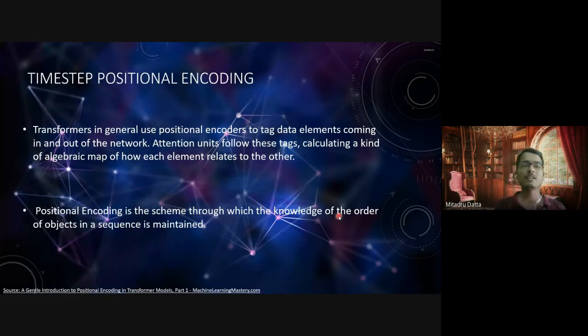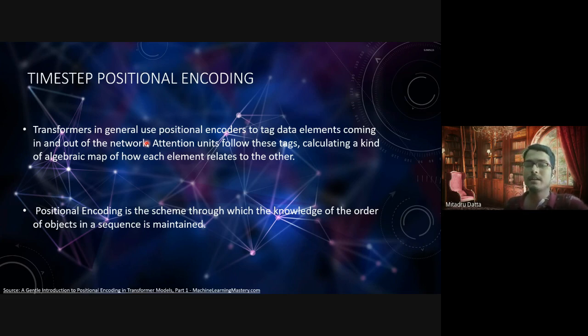The transformer in general uses positional encoders to tag data elements coming in and out of the network. The attention unit follows those tags, calculating a kind of algebraic map of how each element relates to the others. As I said, we use positional encoders to tag data elements coming in and out of the network. We can't just feed images into our network and lose track of everything.